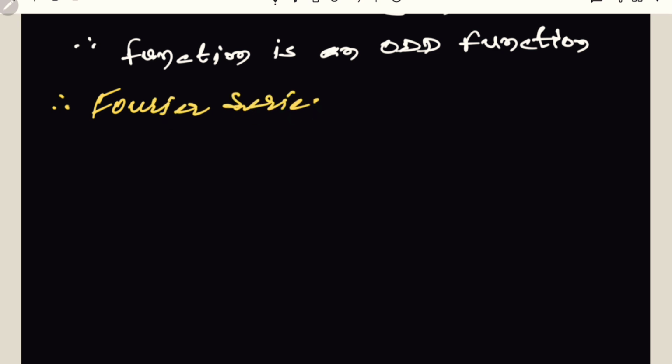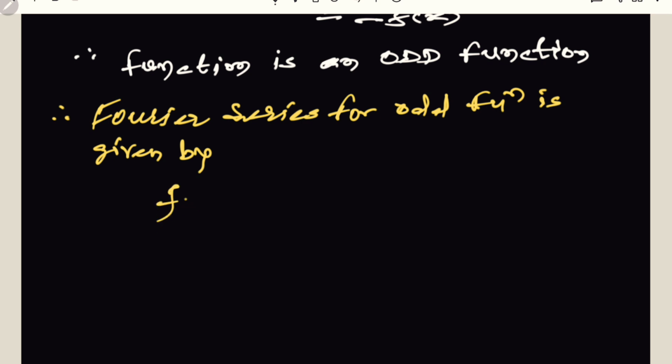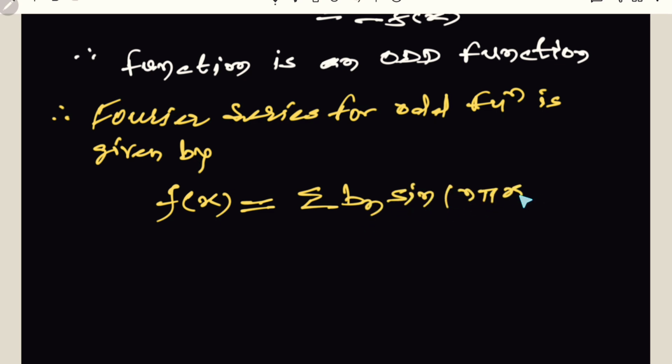And Fourier series for an odd function is obtained by the formula: f of x is equal to summation of Bn into sine of n pi x divided by L, where n changes from 1 to infinity.